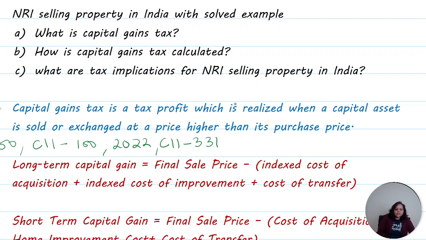Correct? Now, say in the year 2000, the purchase price that you paid for buying the house is 30 lakhs. And your selling price in 2022 is say 1 crore 10 lakhs.